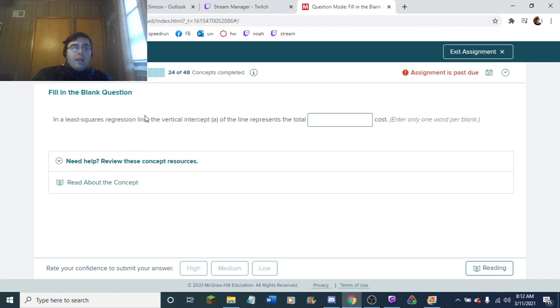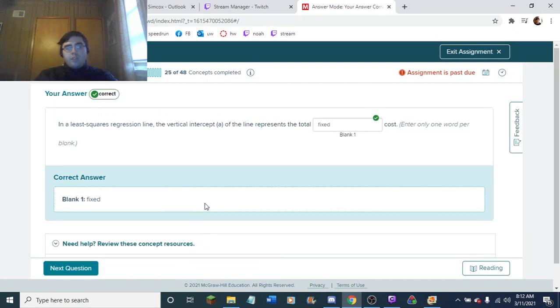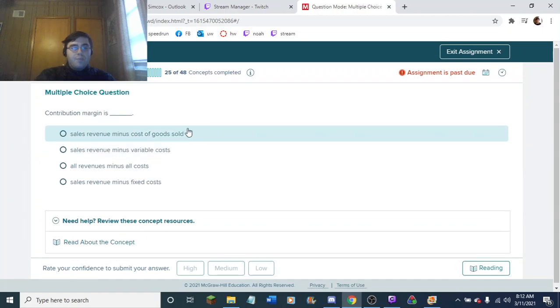The vertical intercept of the line is the total fixed cost. Fixed costs, or I would assume fixed. Yep, it is fixed. The vertical intercept A of the line represents the total fixed cost.